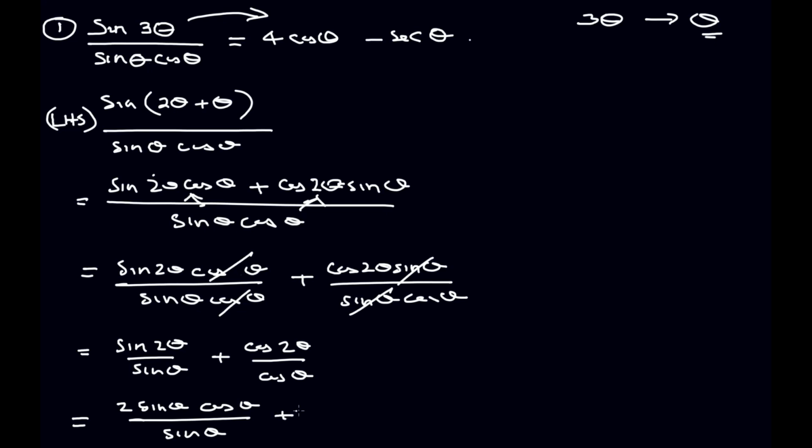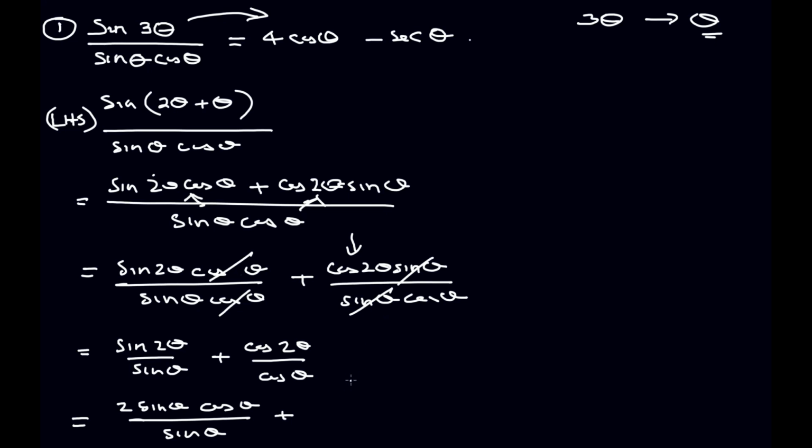Now here we have two identities. Remember, cos 2 theta is equal to 2 cos squared theta minus 1, and another one that you could translate to 1 minus 2 sine squared theta. So if we have those two, what are we going to do?